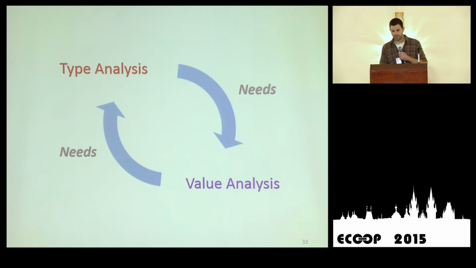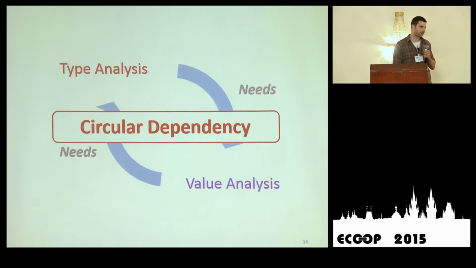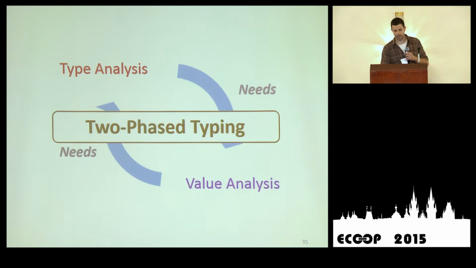Because we must reason about this logical relationship between values, which incidentally is the problem that we wish to solve in the first place using refinement types. So as we can see, this causes a circular dependency, which makes reasoning about these programs a little more awkward. And so this is exactly the problem that our two-phase typing approach tries to solve.